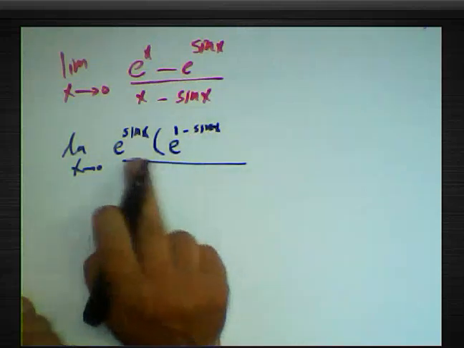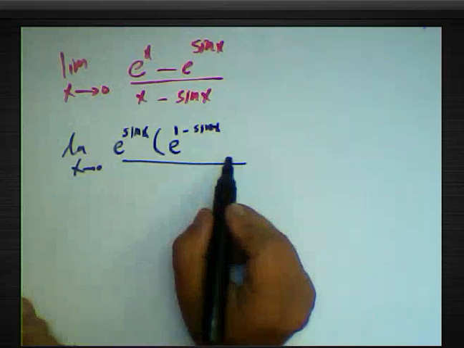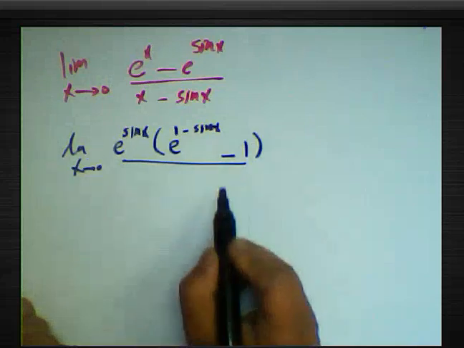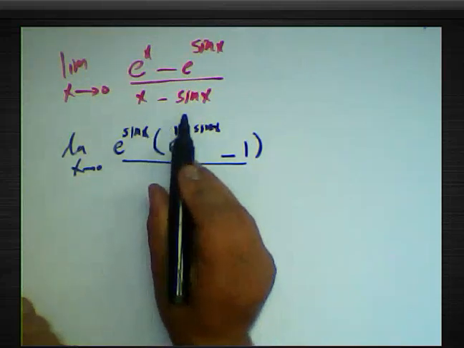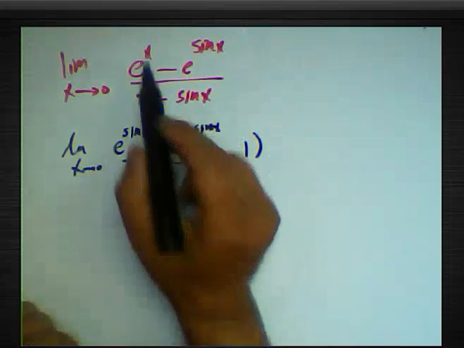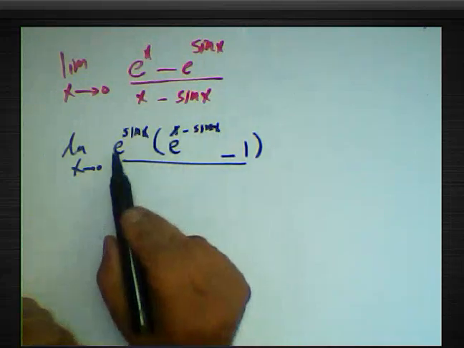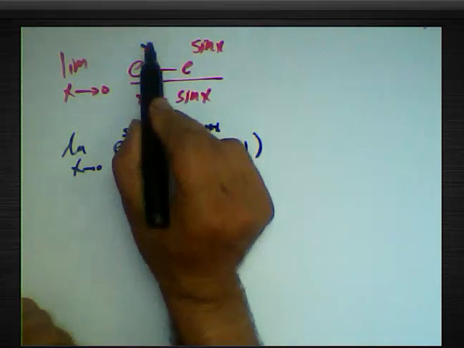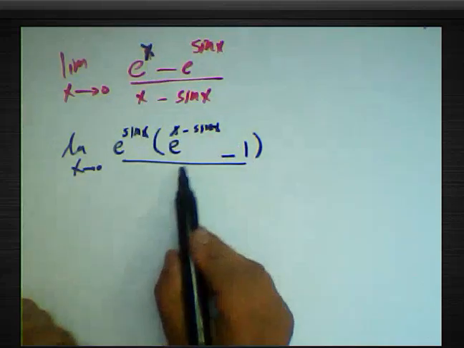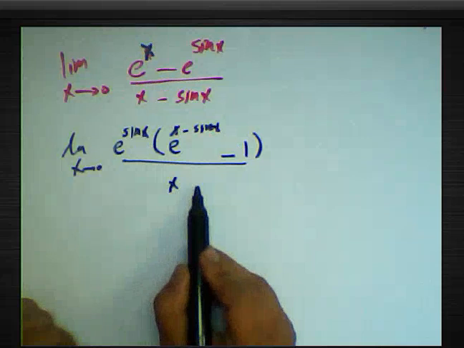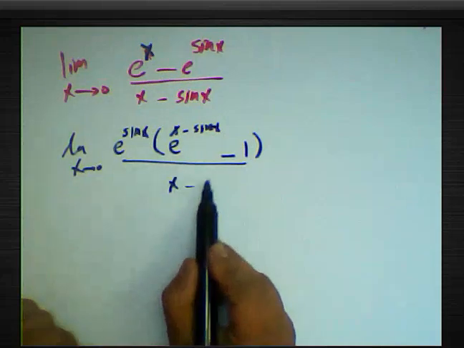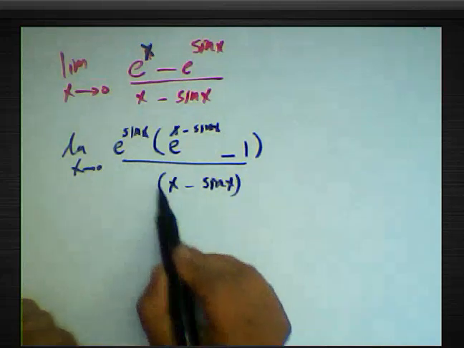If we multiply between them, the result will be e to the power x subtract sine x, minus 1. And we have here x subtract sine x. Again, e to the power x minus sine x multiplied by e to the power sine x will be e to the power x. Okay, and the base here is x minus sine x.